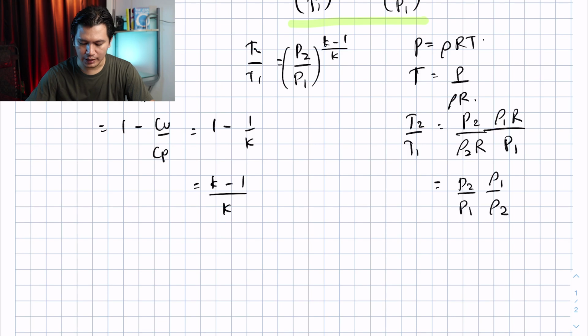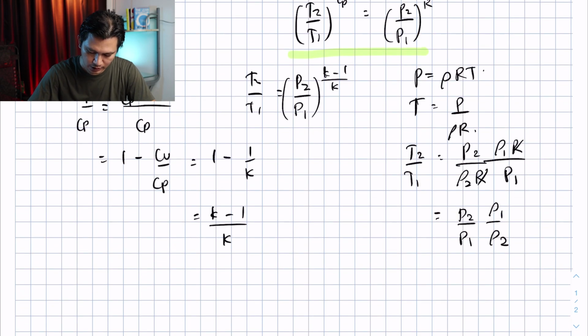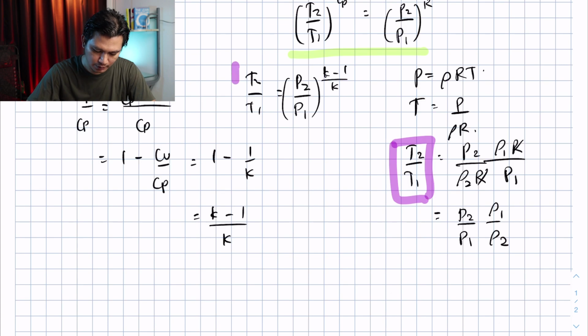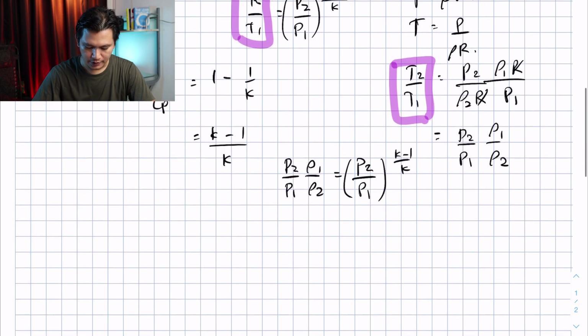I can cancel R out. If I replace it here, I'm going to end up with P2 over P1 times rho 1 over rho 2 equal to P2 over P1 to the power of K minus 1 over K.